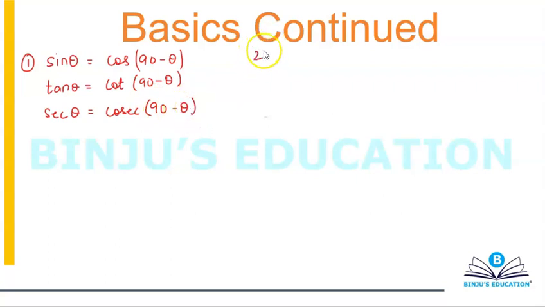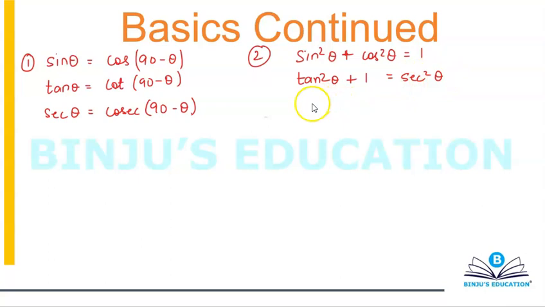The second set of properties which we learned was sine squared theta plus cos squared theta is 1, tan squared theta plus 1 is equal to sec squared theta, and 1 plus cot squared theta is equal to cosec squared theta. These are the two things that we have been able to figure out, actually not learn, we have been able to figure out these two things as far as the right angle triangle is concerned.